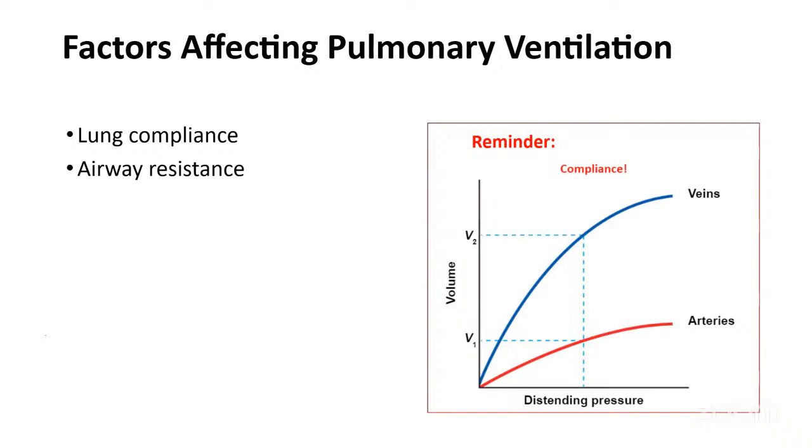When we think about compliance here, we're thinking largely about the lungs, the tissue of the lung, which if you poke them, is kind of spongy. Some cool texture. I recommend poking lungs. And we're going to be thinking about resistance when we think about tubes, so largely airways: the trachea, the bronchi, the bronchioles.